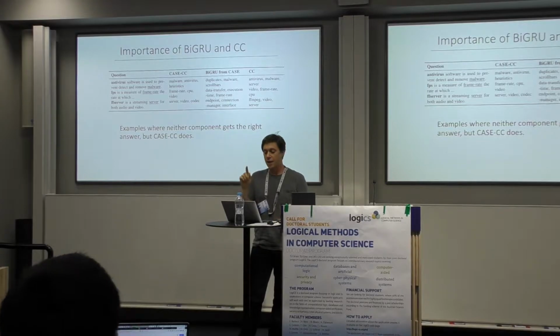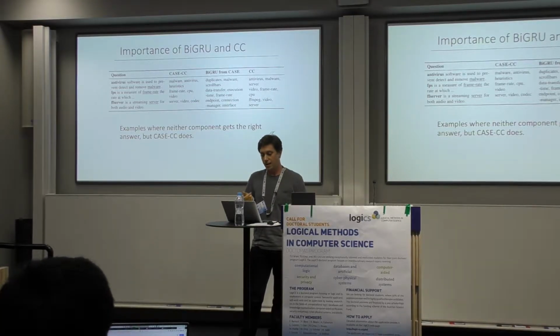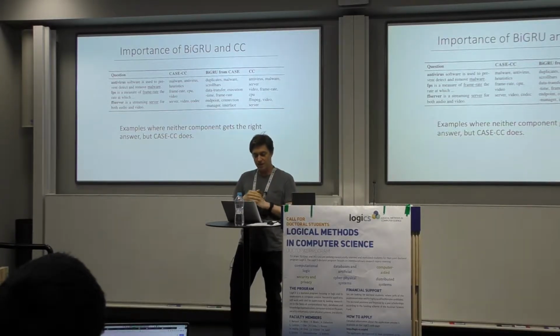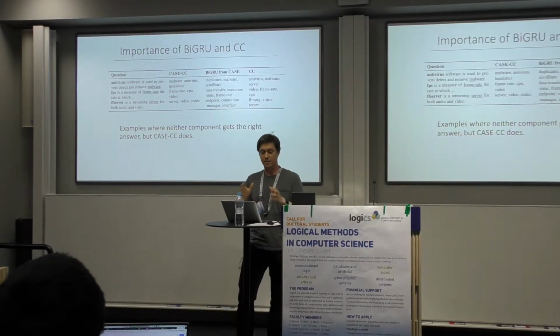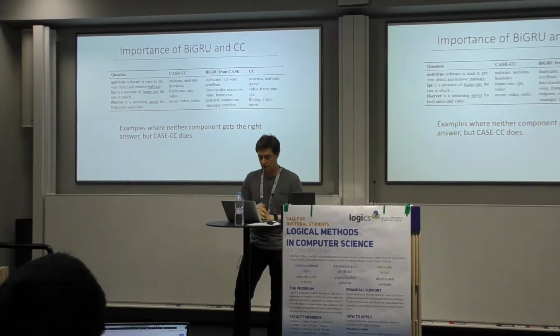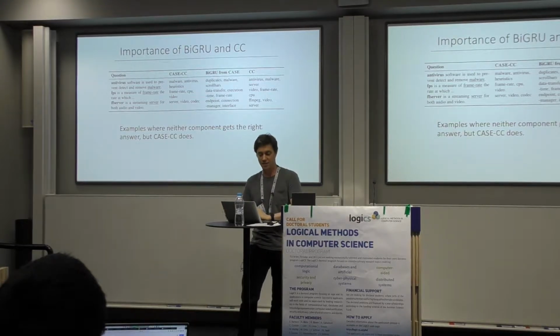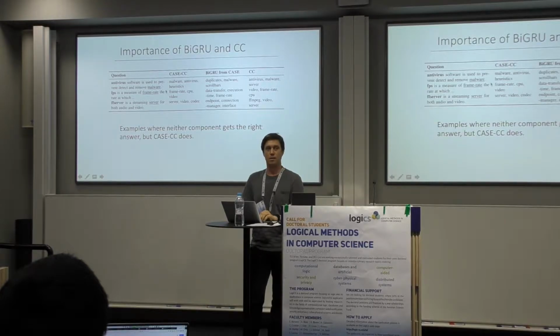If you look at what the BiGRU alone does, its first prediction is duplicates, because it's looking at sort of the syntax of the sentence. And when it sees prevent, detect, and remove, duplicates is a reasonable answer. And if you look at the co-occurrence counts model, the first thing it predicts is antivirus, because posts tagged with antivirus often contain antivirus. So neither of those models alone does well, but in combination, they provide the right answer.